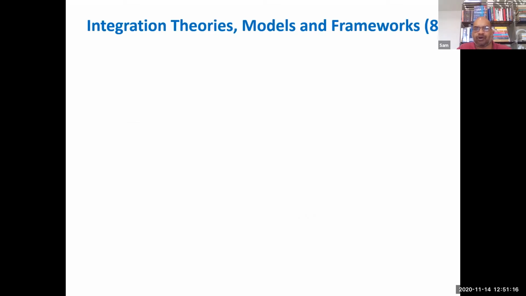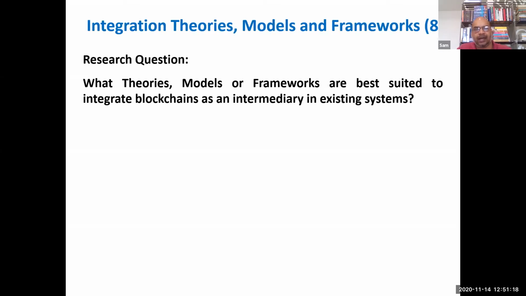Integration of theories, models, and frameworks. What theories, models, or frameworks are best suited to integrate blockchains as an intermediary in existing systems? Organizations, countries, and corporations already have their existing information systems and databases.